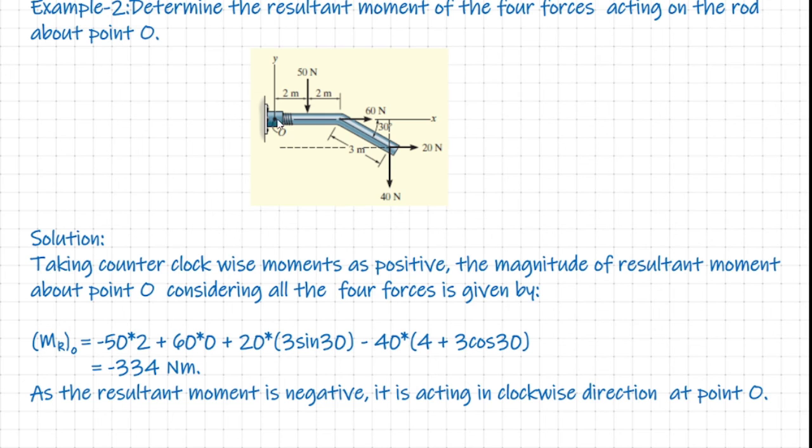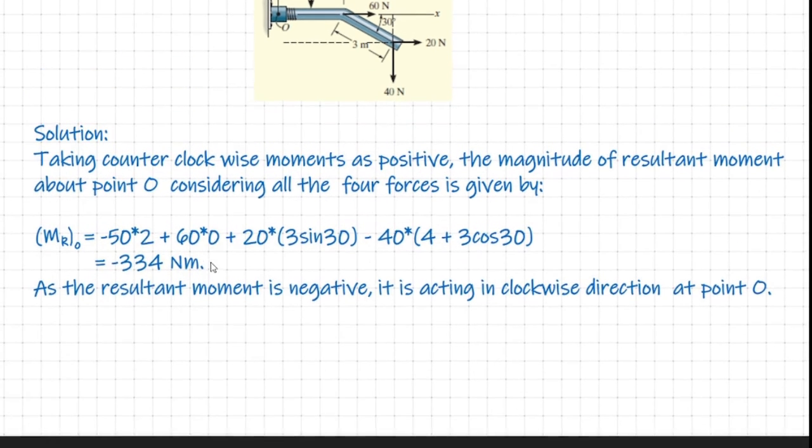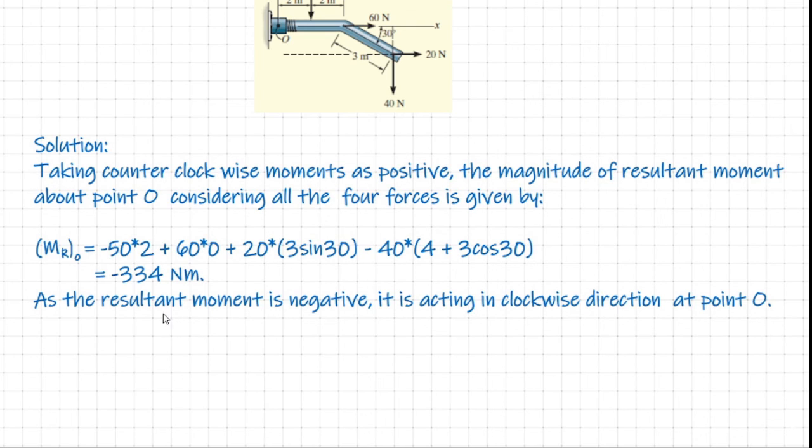And obviously about the point O, 40 Newton produces a clockwise moment, hence it should be recorded as minus 40 into, what's the total moment arm? It is this distance 4 plus 3 cos 30. Finally, we have a total resultant moment at the point O as minus 334 Newton meter. Now we can also make a conclusion here. The resultant moment is negative, indicating that the net moment acting at the point O will be in a clockwise direction.